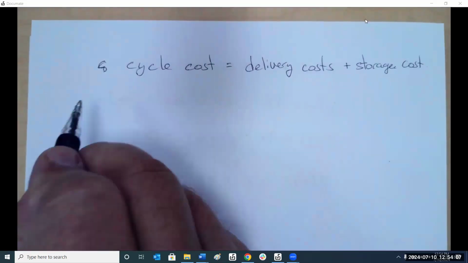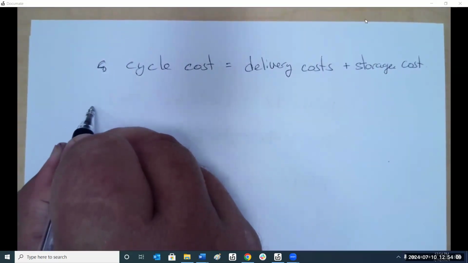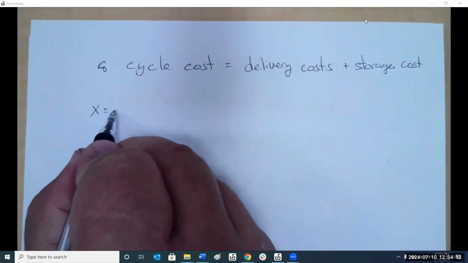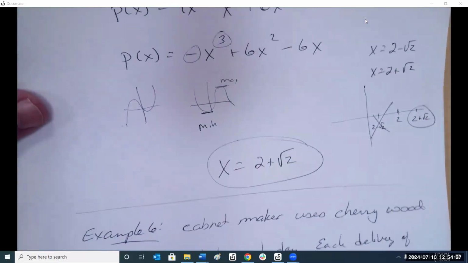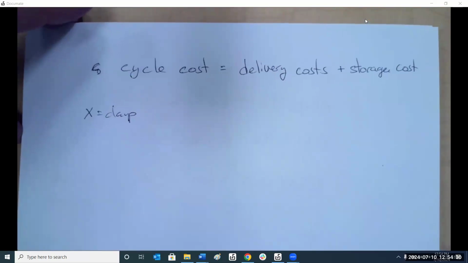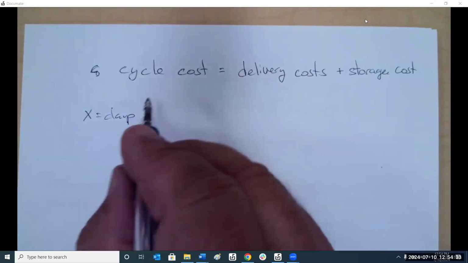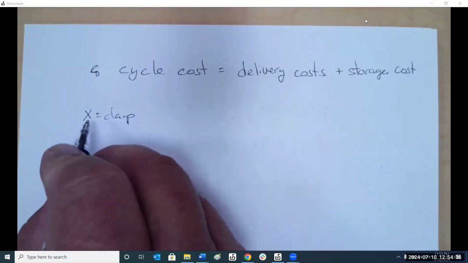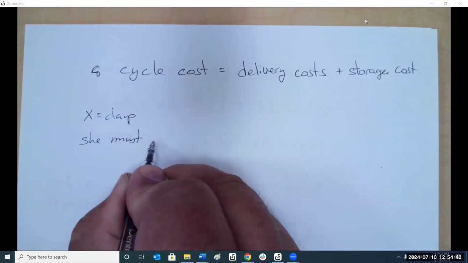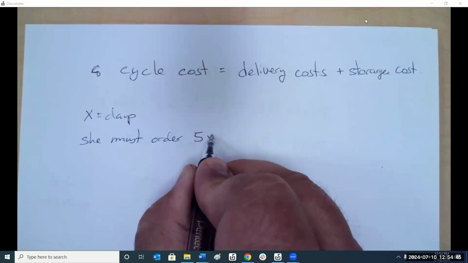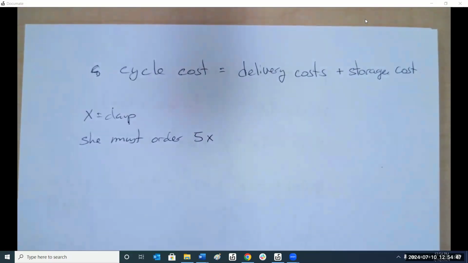We have to define what X is going to be. We're looking for how often, so X equals number of days. And how much does she have to order? She must order 5 of those to have enough material.